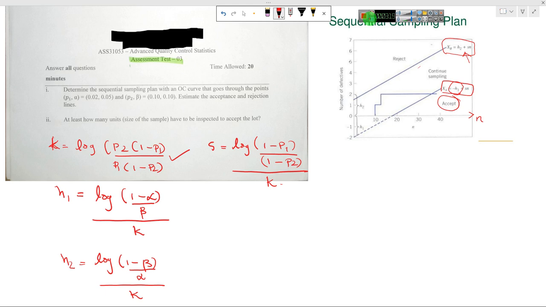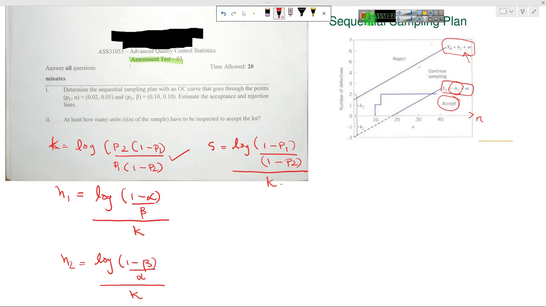Determine the sequential sampling plan with an operating characteristic curve that goes through the given points. So the coordinates of the OC curve are given.